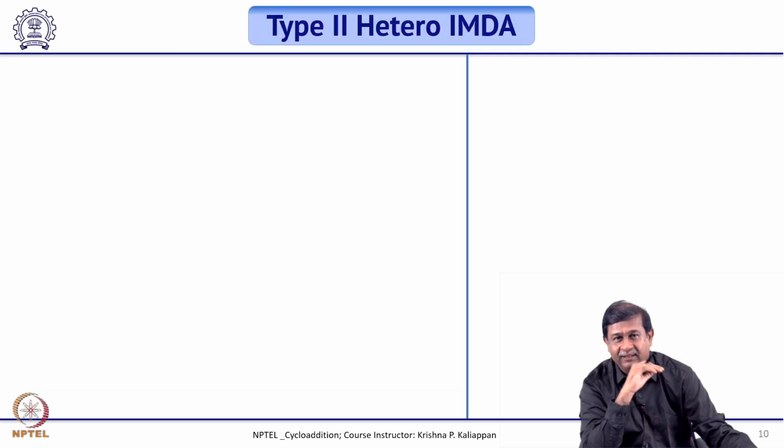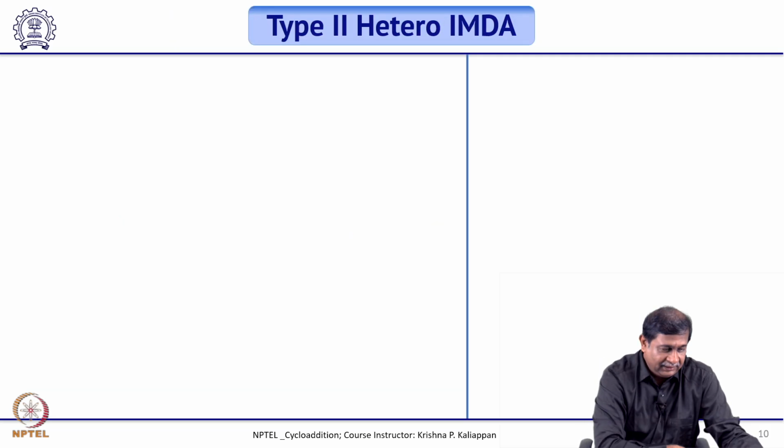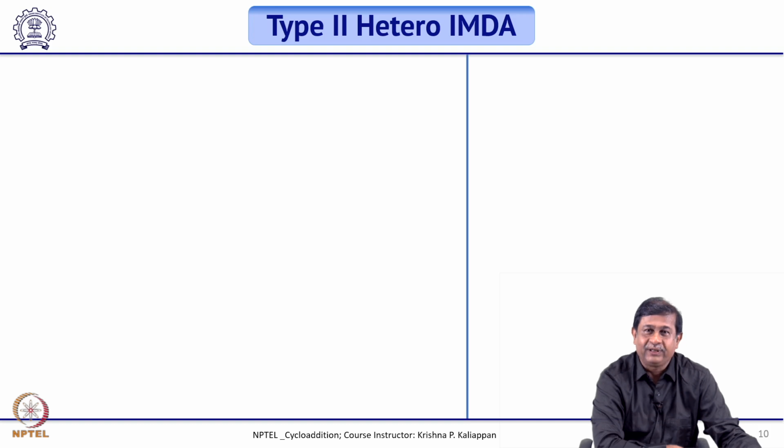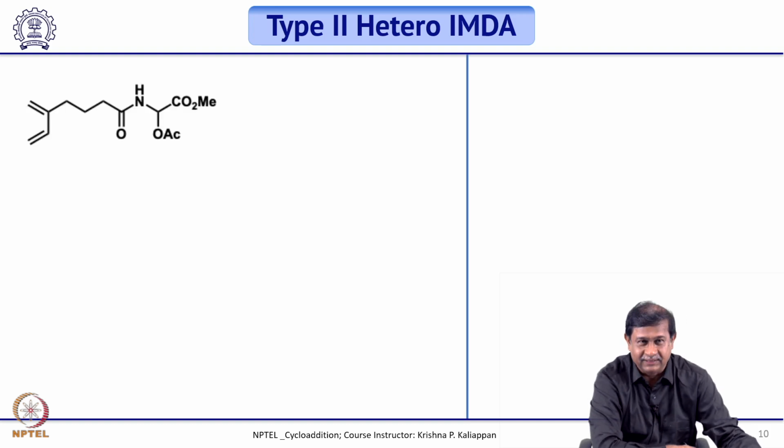Like intermolecular Diels-Alder reaction, in the case of intramolecular Diels-Alder reaction also, one can replace one or more of the carbon atoms by heteroatom. Then such reactions are called type 1 hetero intramolecular Diels-Alder reaction or type 2 hetero intramolecular Diels-Alder reaction.